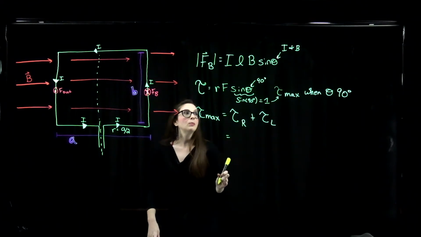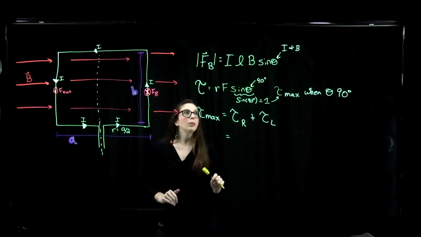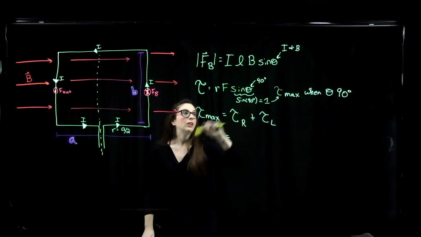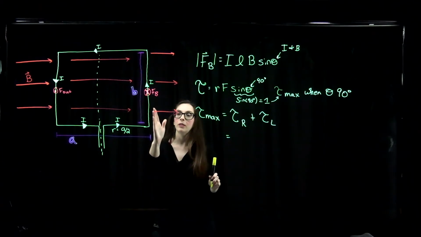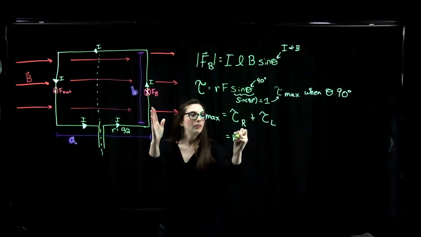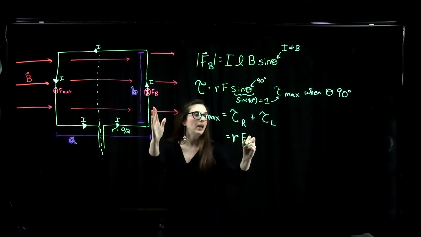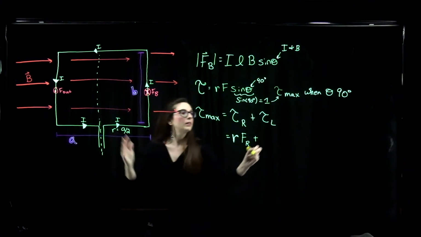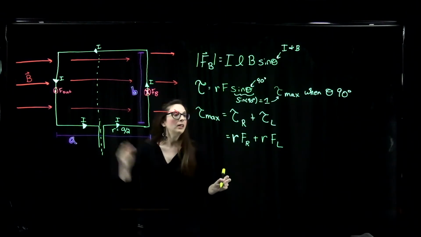So at maximum torque for both of these parts of my loop, we have sine of 90 degrees, which is 1. Then for maximum torque on the right side, we have our distance R times the magnetic force applied on the right side, plus my distance R times the magnetic force applied on the left side.